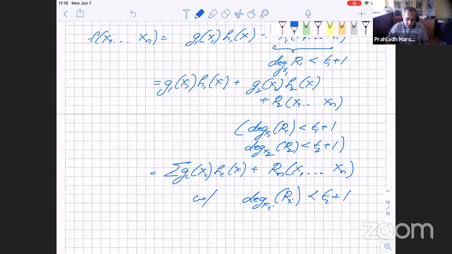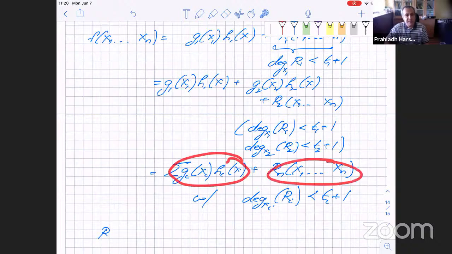But what do we know? We know that f is 0 on the grid. The sum of g_i h_i is also 0 on the grid, because each g_i is 0 on the grid. Therefore, R also has to be 0 on the grid.